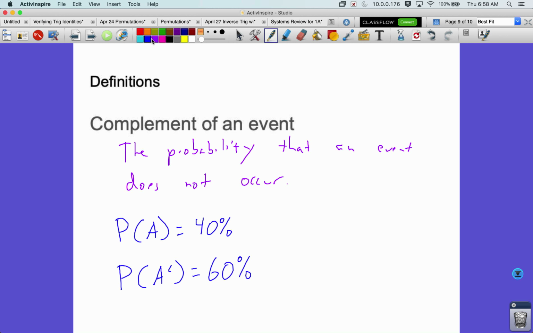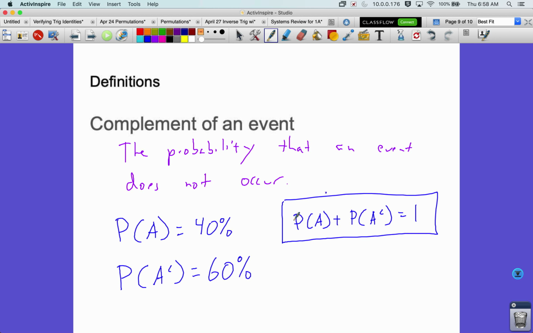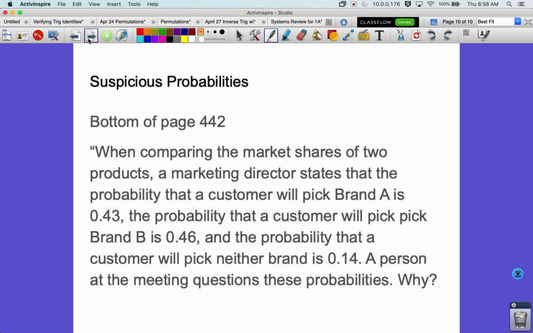And that's because of this formula here, the probability of some event A plus the probability of that event's complement has to equal 1, because something has to happen. It either has to happen or not happen. One of these two will be true. And then we can rearrange this to find other probabilities. But I think that's good for complement of an event.